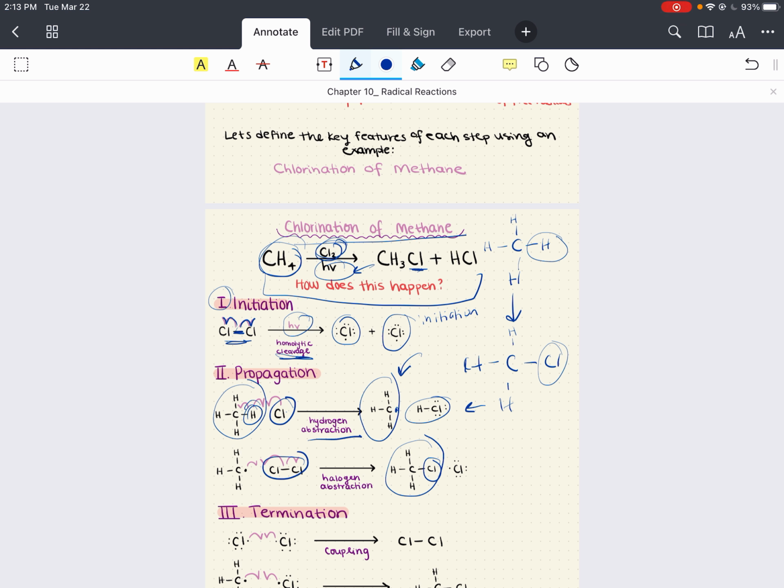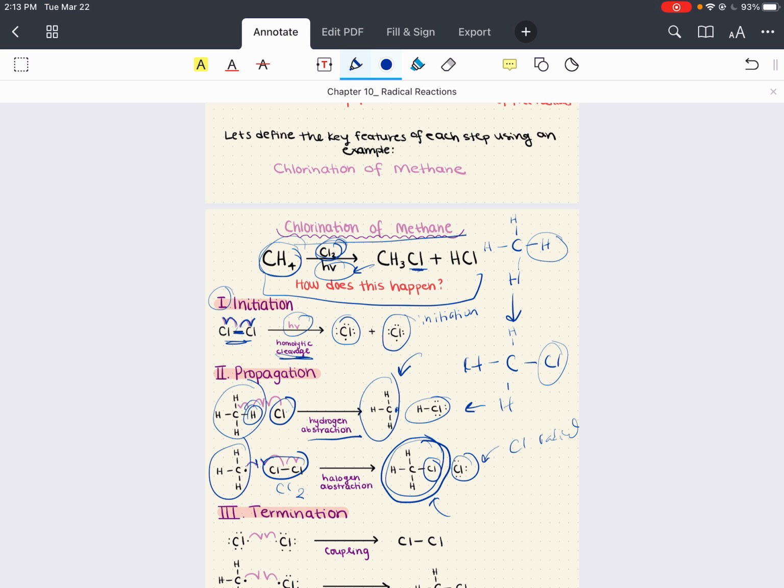With our Cl2, our methyl radical can steal one of the chlorines, and what we form is the molecule that we want at the end of this, which is a carbon with 3 hydrogens and a chlorine. And again, we have our chlorine radical here.